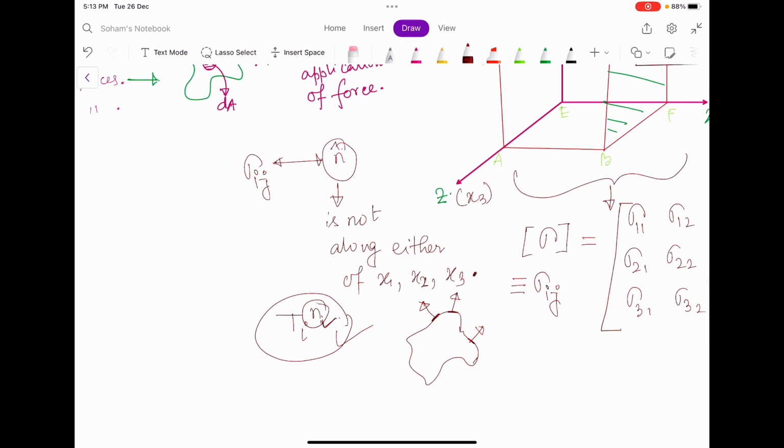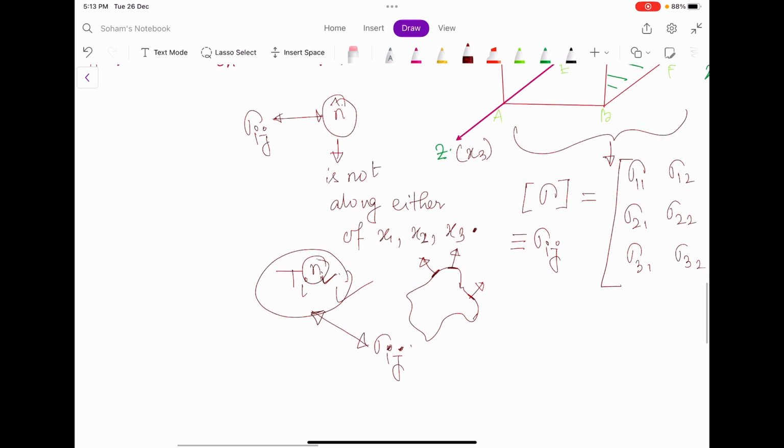But if I can correlate this t(n) with sigma ij, then I have only 9 unknowns, because sigma ij at max can have 9 unknowns. So I have to somehow correlate t(n) with sigma ij to reduce the number of unknowns.